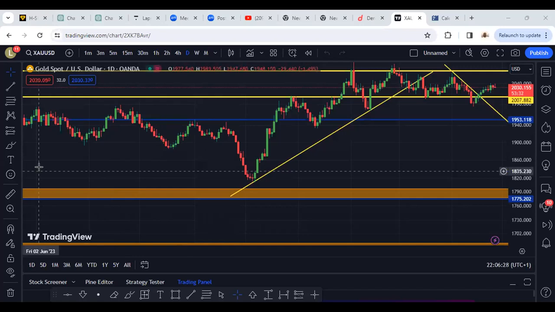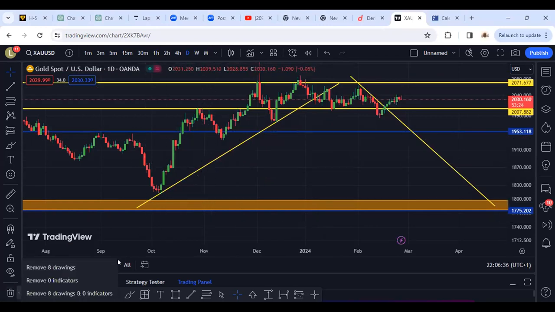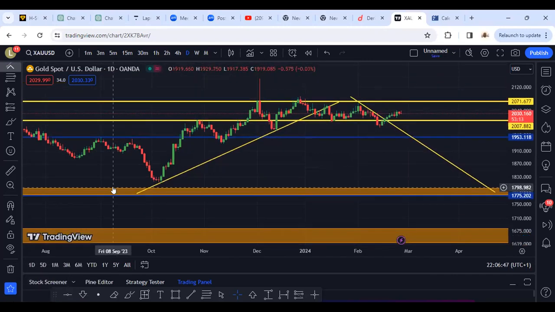You may have to also learn how to use TradingView. If you are trading indices, it's good. So I'm going to remove all these things, so I'm going to remove all of them.